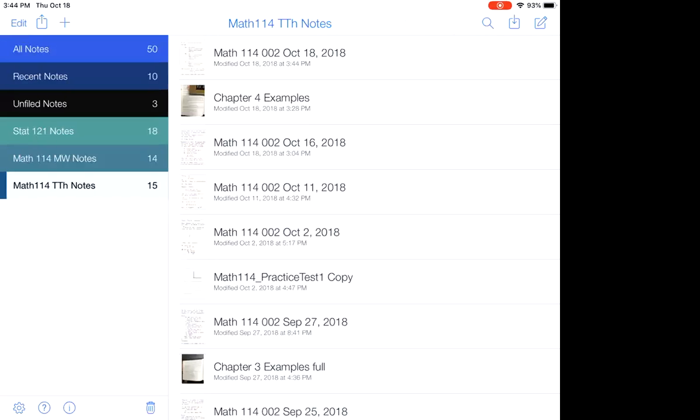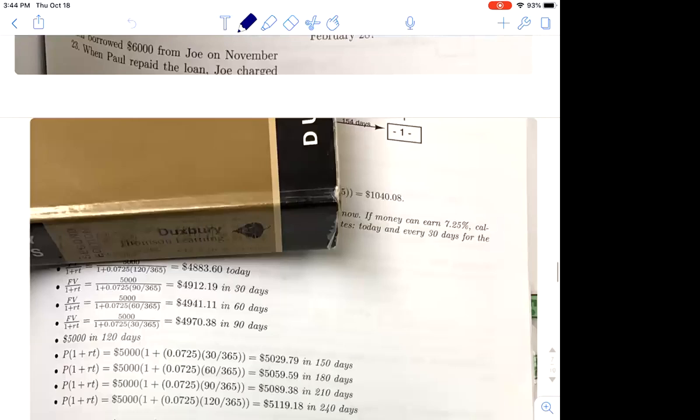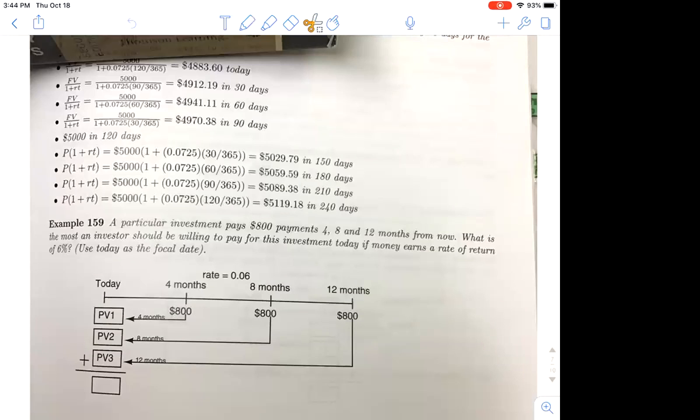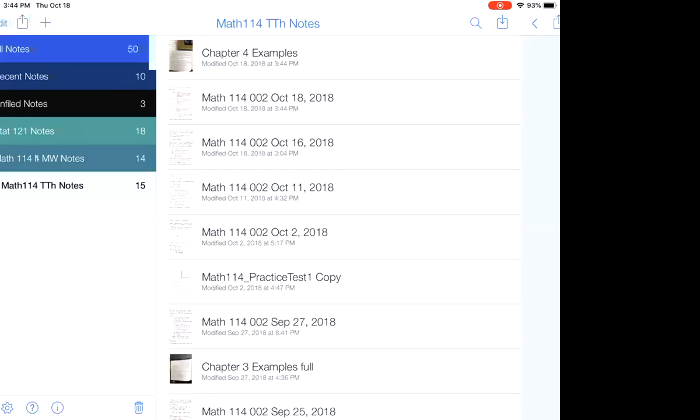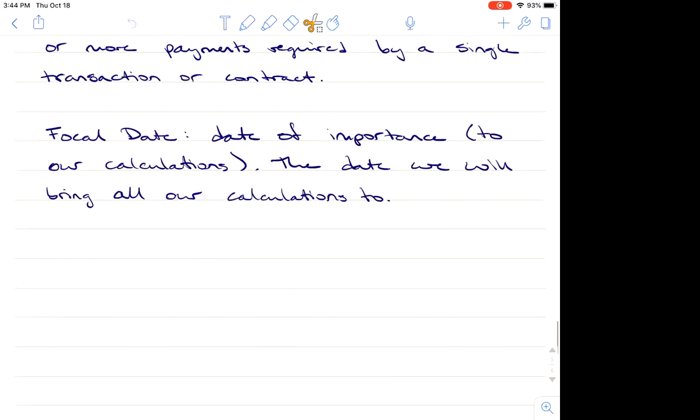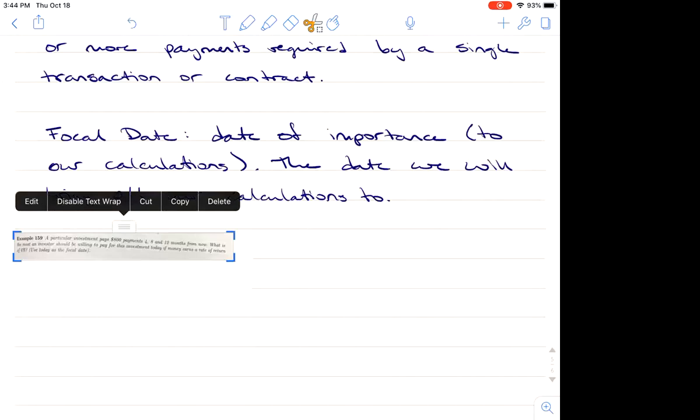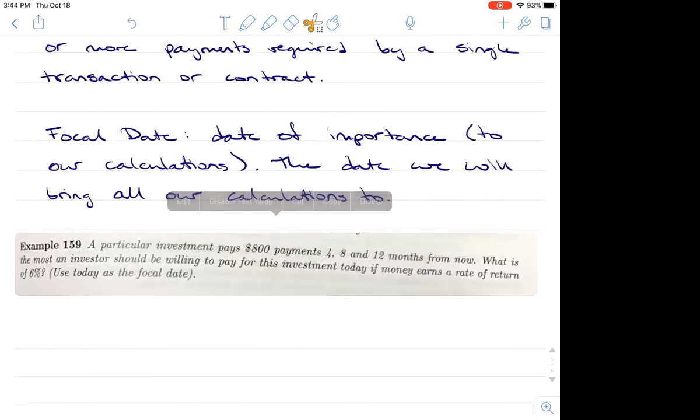Let's do example 159. A particular investment pays $800 payments for 4, 8, and 12 months from now, right?